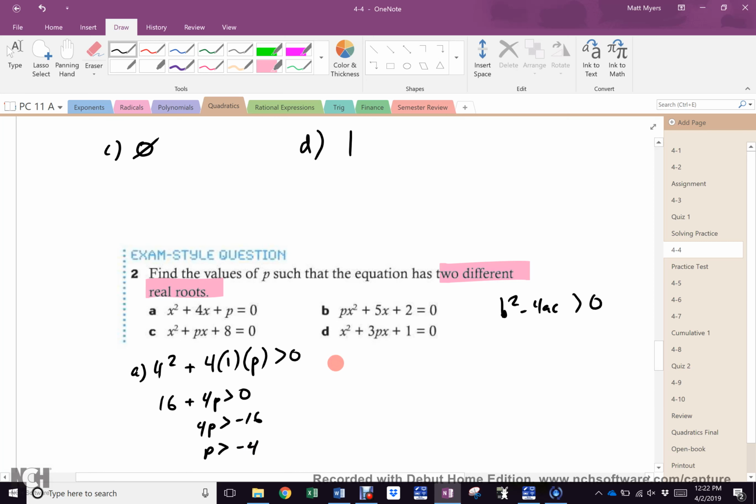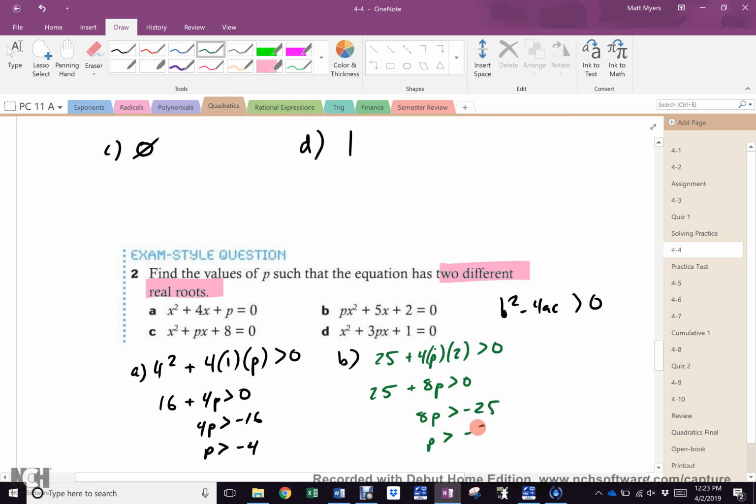Now, okay. B. Same thing, except it still has to be greater than 0, except this time it's 25 plus 4 times P times 2 has to be greater than 0. 25 plus 8P has to be greater than 0. 8P has to be greater than negative 25.